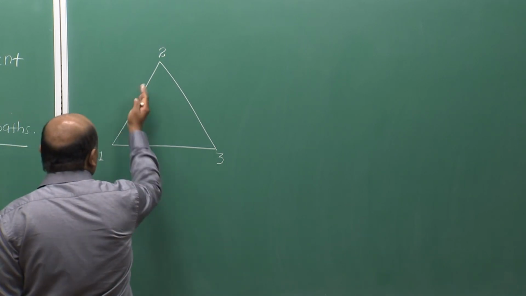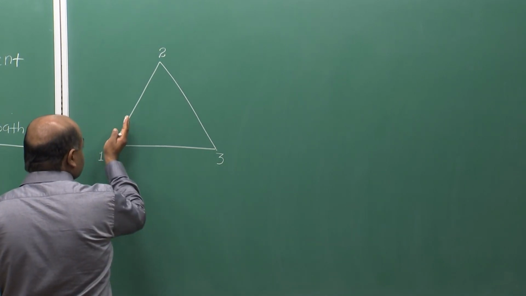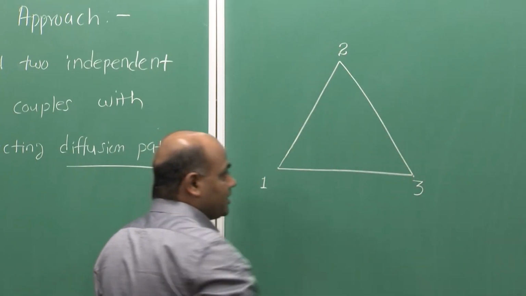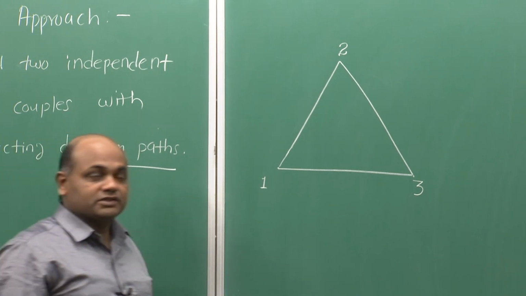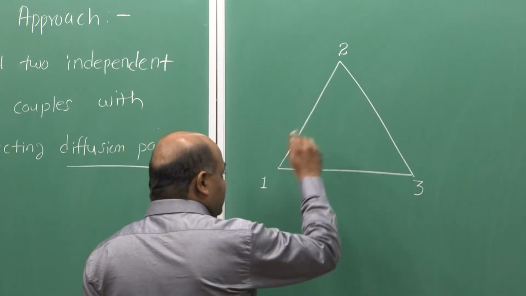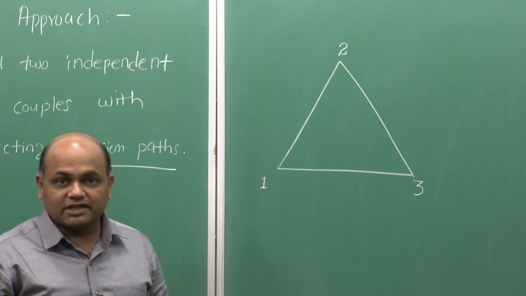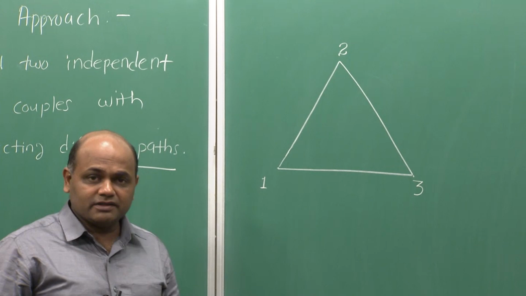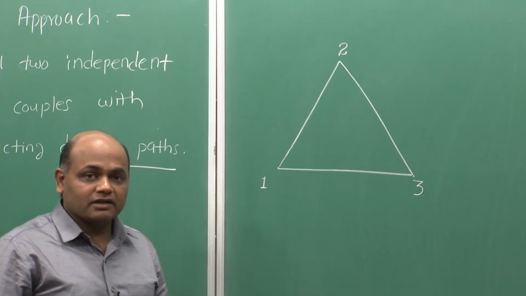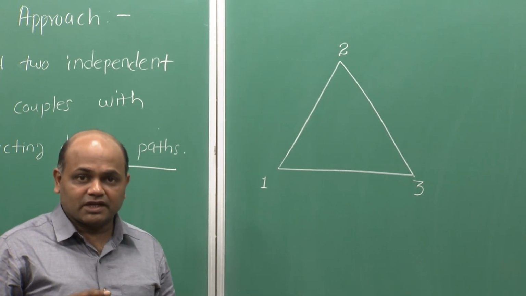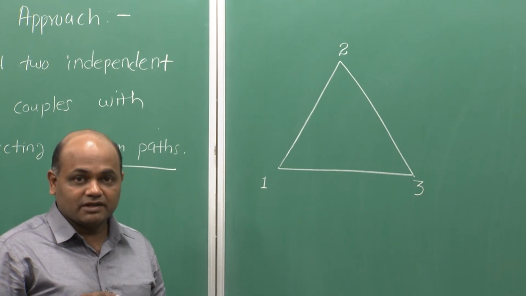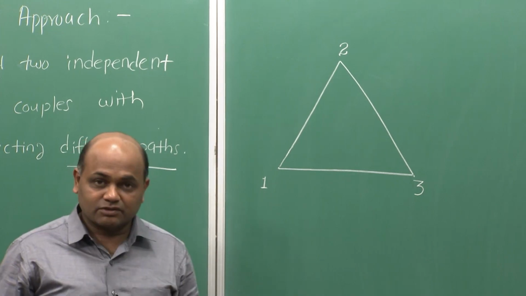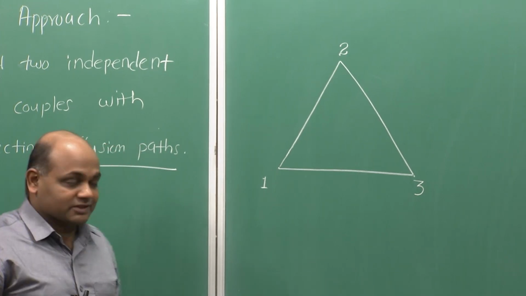Each side of the triangle represents the binary system. So, this is 1, 2 binary, this is 1, 3 binary, and this is 2, 3 binary, and any composition that lies inside the triangle is a ternary composition. I would explain in a little more detail the ternary isotherms as we would need it for multiphase diffusion. I will explain it in a separate class, but right now it is just sufficient to know this.